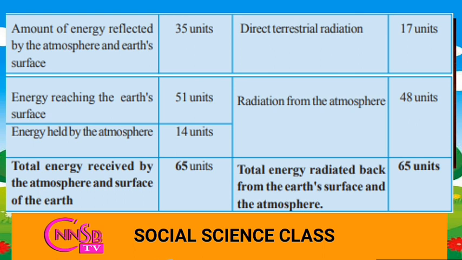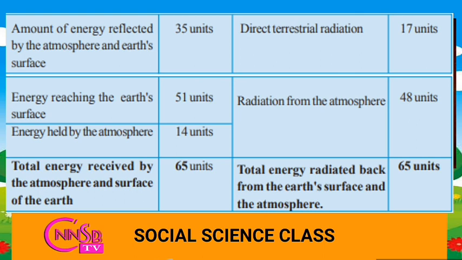As a result of direct terrestrial radiation, 17 units are returned to space. Re-radiation from the atmosphere is 48 units. 48 plus 17, 65 units are returned to space.